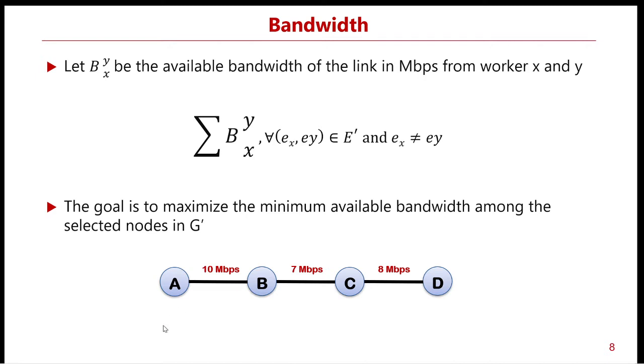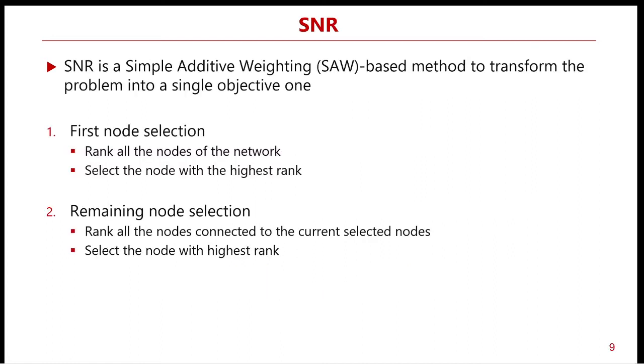For example, the bandwidth between A and B is 10 Mbps, B and C is 7 Mbps, and between C and D is 8 Mbps. If we want to send traffic from A to D, the maximum amount of traffic that we can send based on this available bandwidth is 7 Mbps. So we want to obey these constraints in selecting worker nodes in our solution.